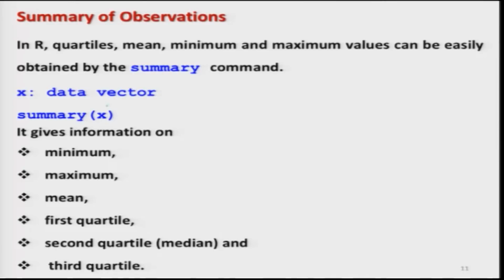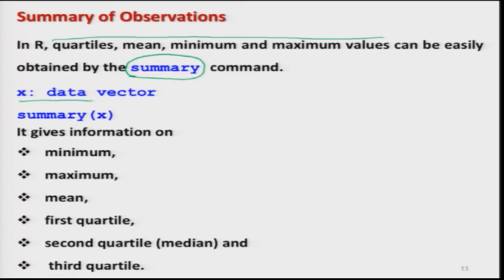So, in R, there is a command summary, SUMMARY, and this summary command provides us comprehensive information on different types of quartiles, mean, minimum, and maximum values of the data set.